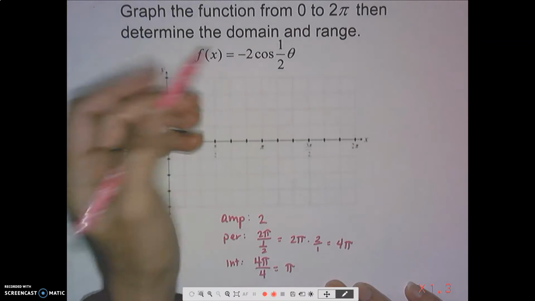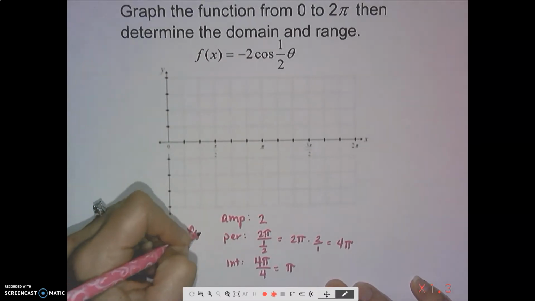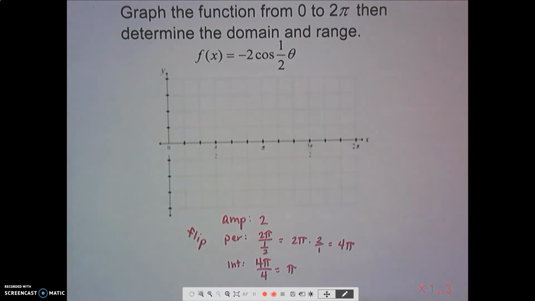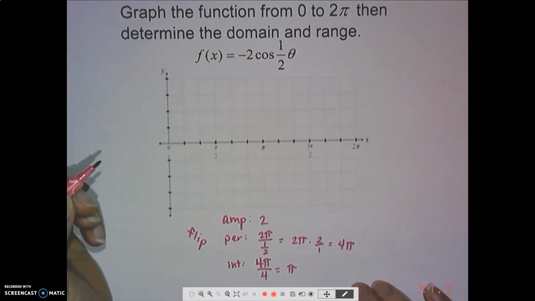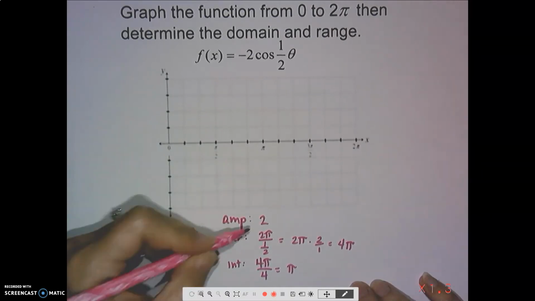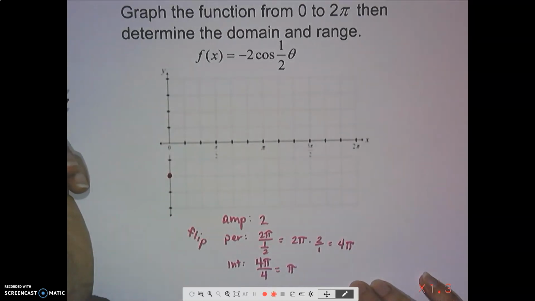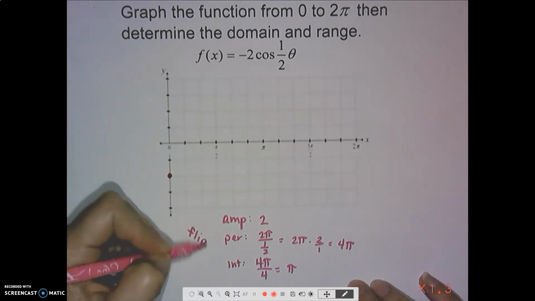The negative out front, what does that do? Just like it did when we graphed our other parent functions, if there's a negative out front, it's going to flip it. Okay, so that means, and this goes for sines as well, instead of starting at our positive amplitude of 2, we're actually going to start at our negative amplitude of -2. Again, that is because of the flip.